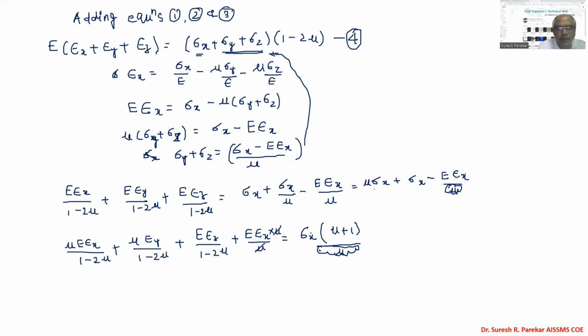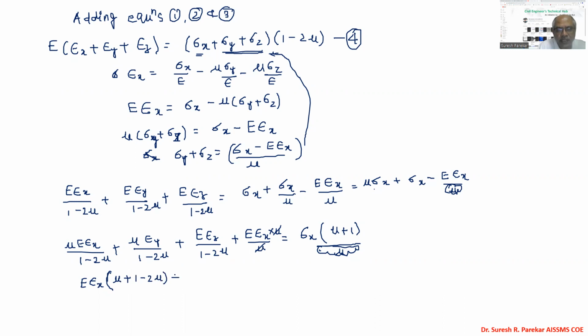Now if I take E epsilon x common, then I will get E epsilon x in bracket. Now you can see here we will have mu, and then we have 1 minus 2 mu. So I have plus 1 minus 2 mu.